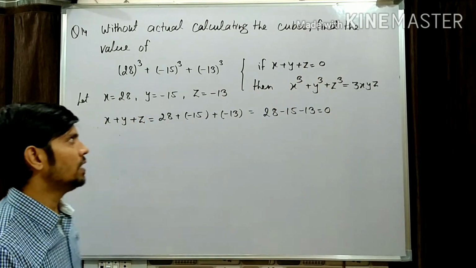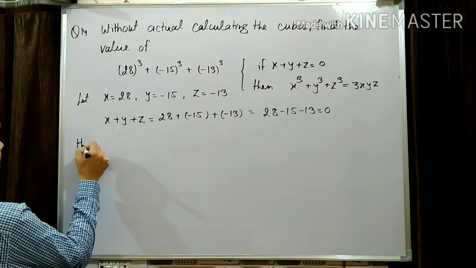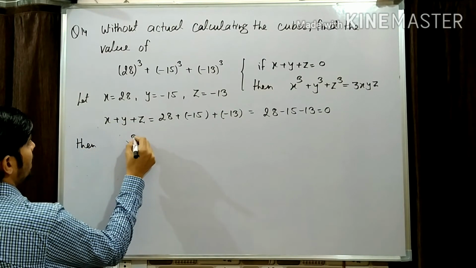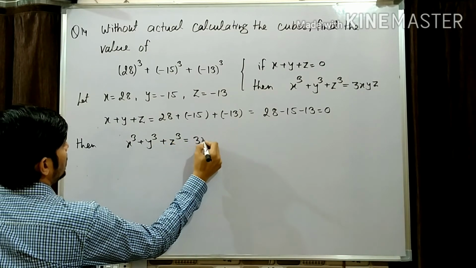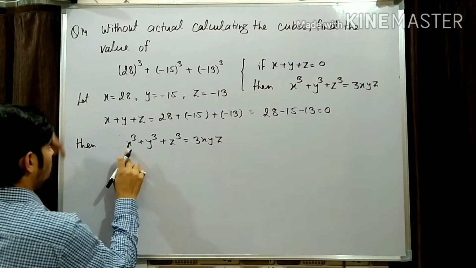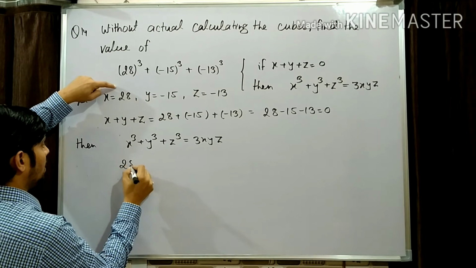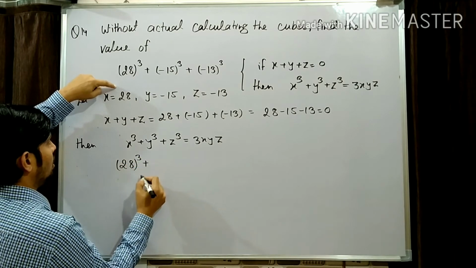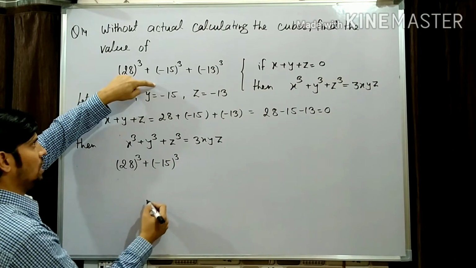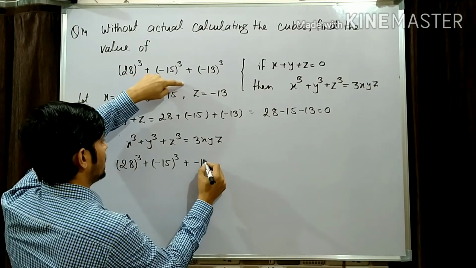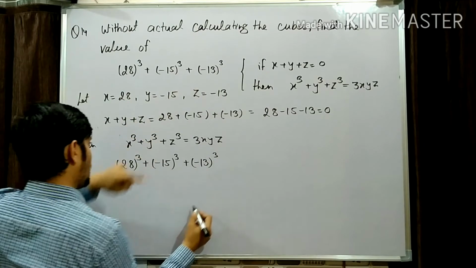So we can use this identity, and say x cube plus y cube plus z cube equals 3xyz. In place of x we will write 28, in place of y we will write minus 15, and in place of z we will write minus 13 whole cube.